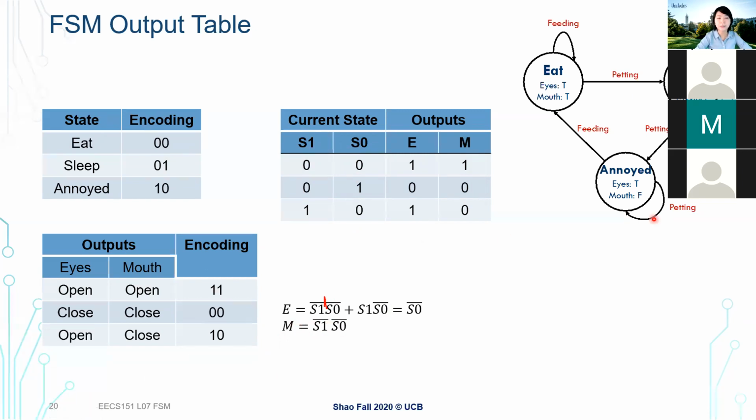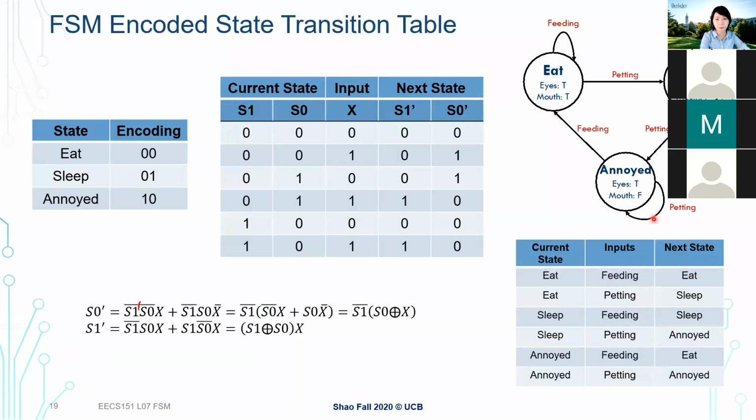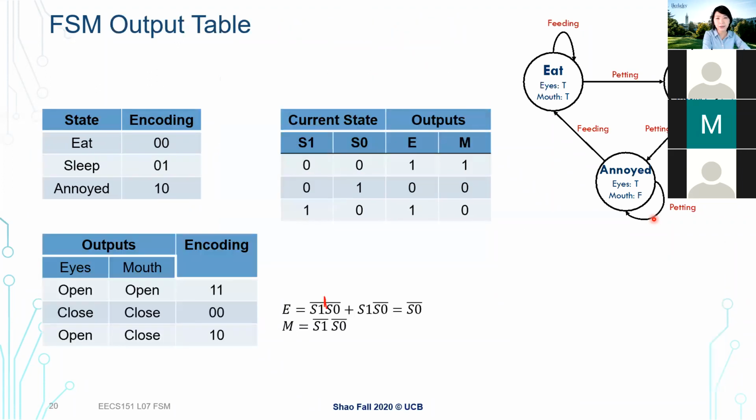Okay, so before, we talked about how we can encode our states and express the next states from the state transition truth table. And here we talk about how we can express our output and get this Boolean expression from our output truth table. Right, so we talked about the 3 representations of combinational logic. If you still remember, we have the truth table, and then we can use Boolean expressions.